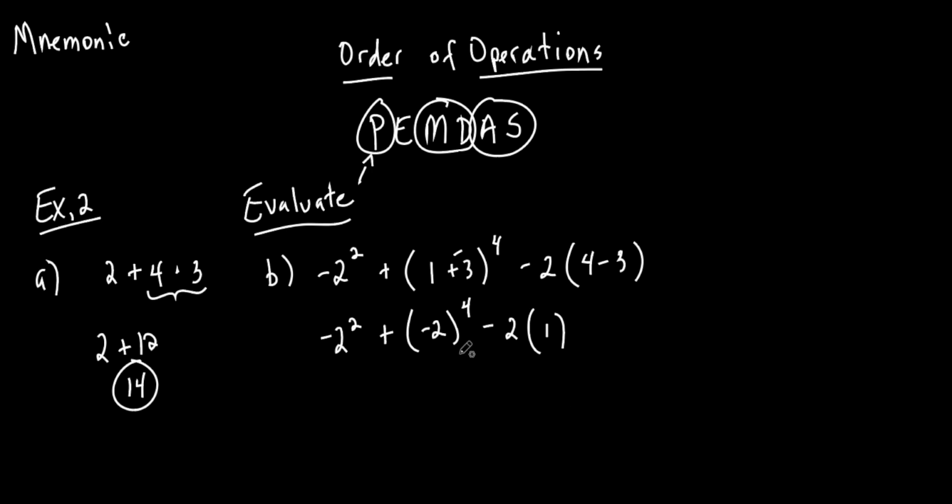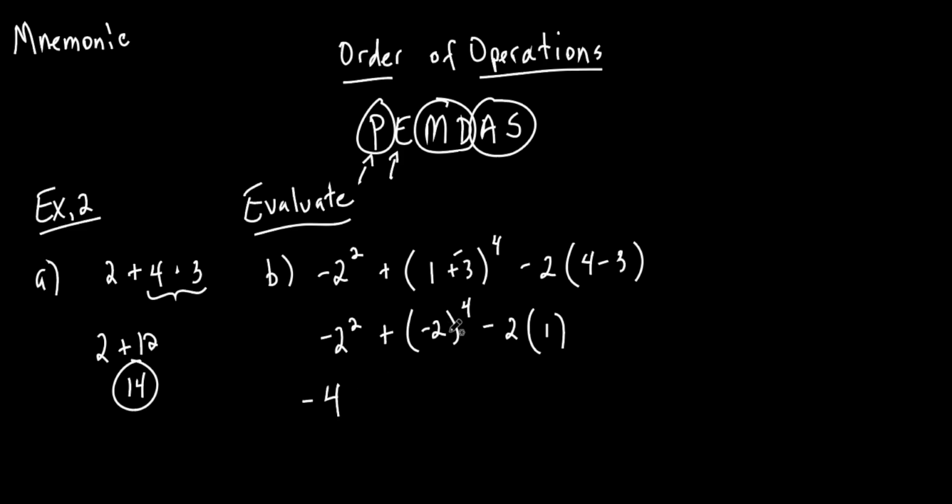Now I do any multiplication. Well, actually, I go to exponents, don't I? Do I have any exponents here? Yeah, I got a couple here. So let's do those. Now look, this is -2 squared. You're not squaring the negative. What are you squaring here? Only the 2, and that's it. So that negative stays out in front. You just square the 2. 2 squared, 2 times 2 is 4.